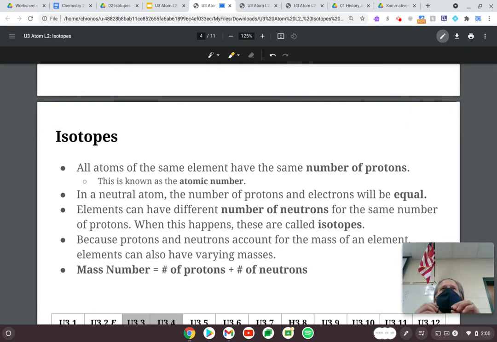So what I'm getting at here is that pizza is a blanket term for all the different flavors or varieties of pizza. Isotopes is a blanket term for all the different varieties of an atom of an element.